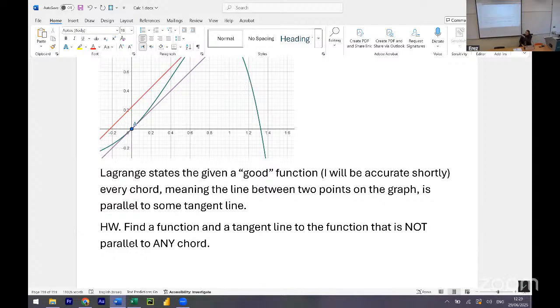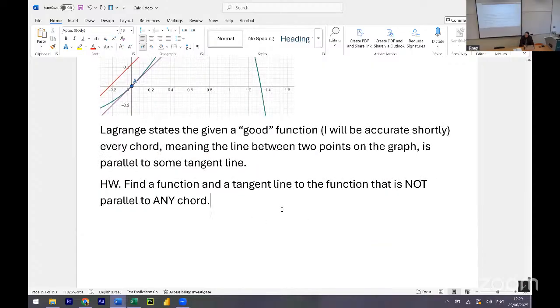Lagrange said every chord is parallel to a tangent, but there could be a tangent that is not parallel to any chord. Think about it. It's not super important, but it's a nice problem to mull over.